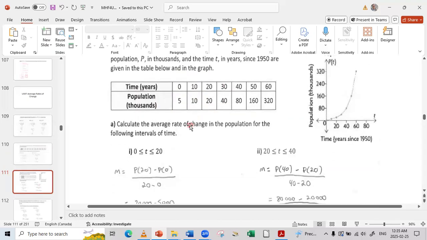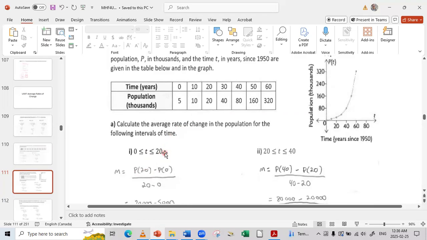So I just need the first interval between 0 and 20. It's the same idea as the previous example. I have t between 0 and 20, where 0 is the time and this is 20. The same example in everything. So all I will do is find the average rate of change between 20 and 0.